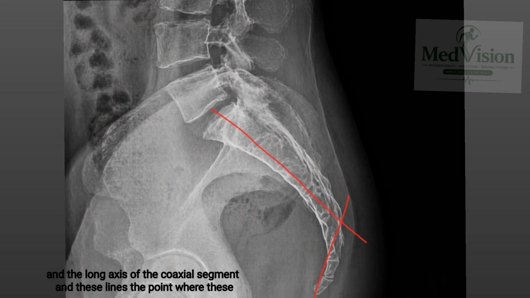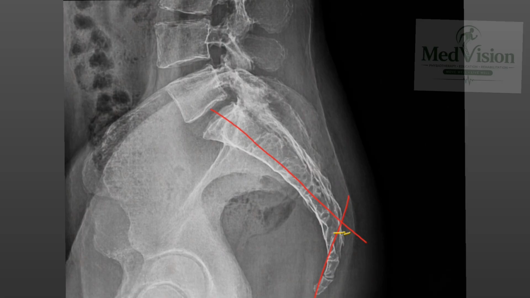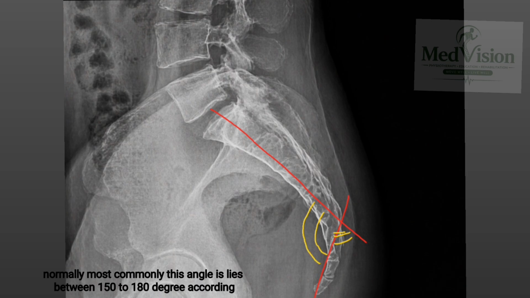These lines intersect at a point and form an angle, and this angle is called the sacrococcygeal angle. Most commonly, this angle lies between 150 to 180 degrees.